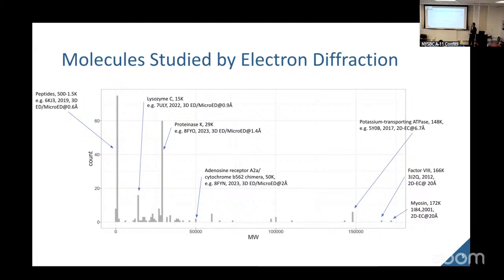You see another peak here, lysozyme at 15K, which is a model system for method development. There's another peak here for proteinase K, also pretty much similar. And up here, you see the bigger molecules at 50K resolved by MicroED around 2023. And on the far end, which is high molecular weight molecules, most of them were resolved by 2D electron crystallography in the early days.